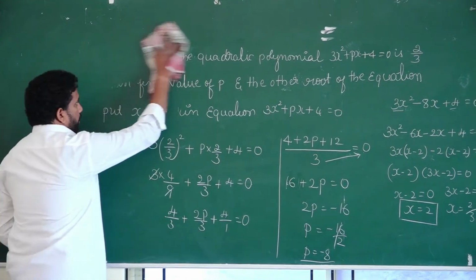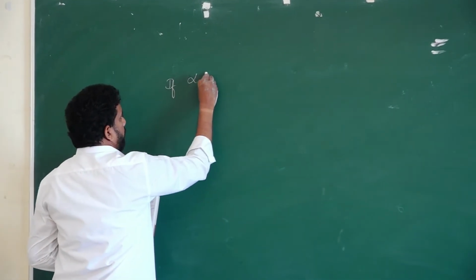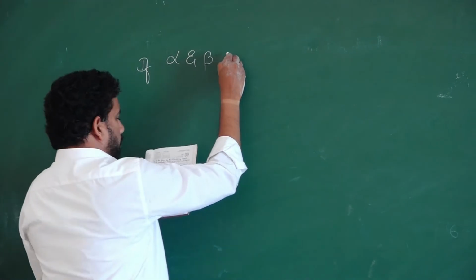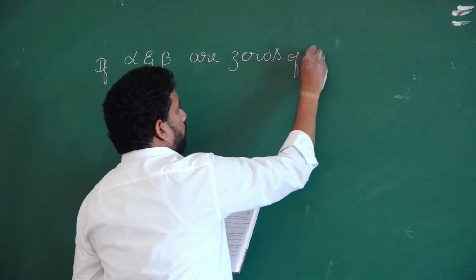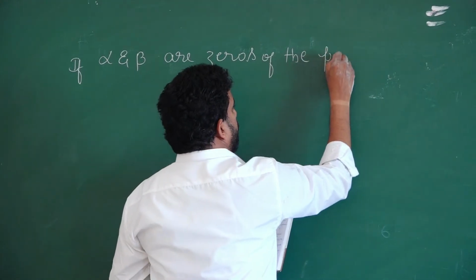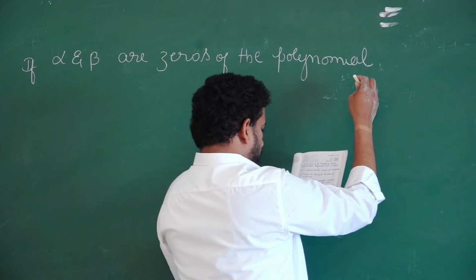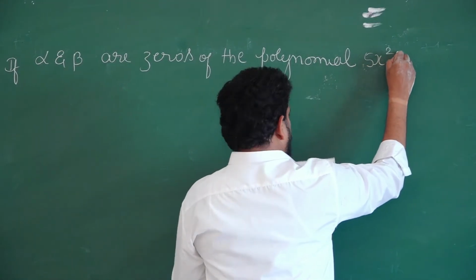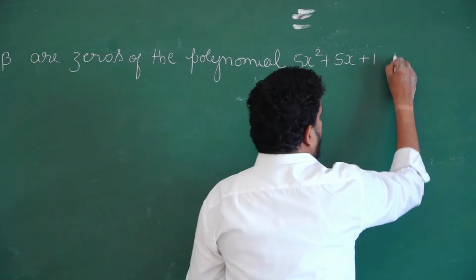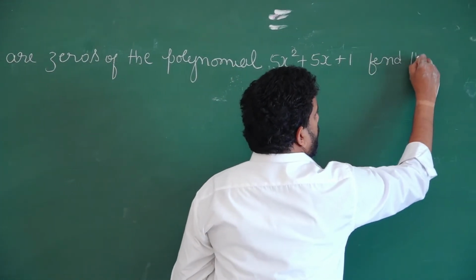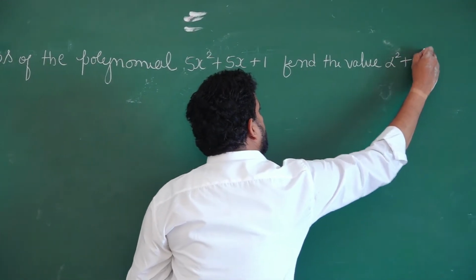Like this we have another one. If alpha and beta are zeros of the polynomial 5x square plus 5x plus 1, find the value of alpha square plus beta square.